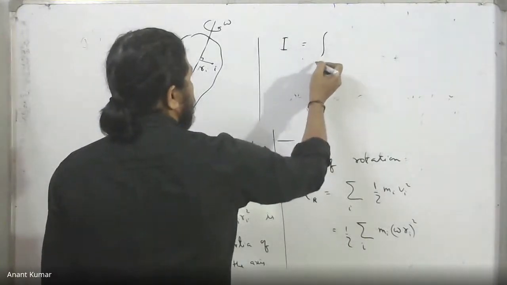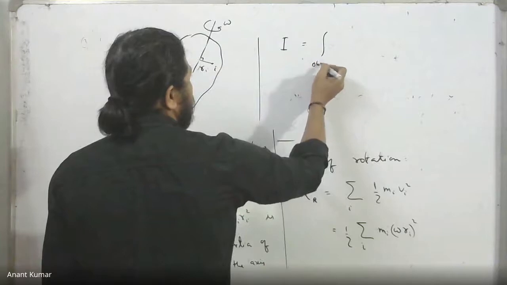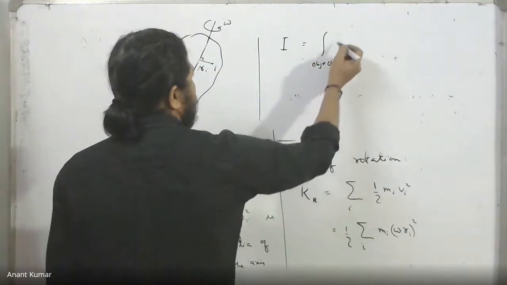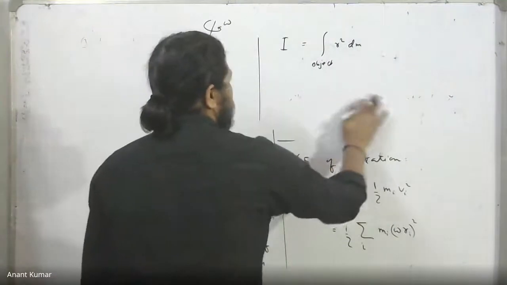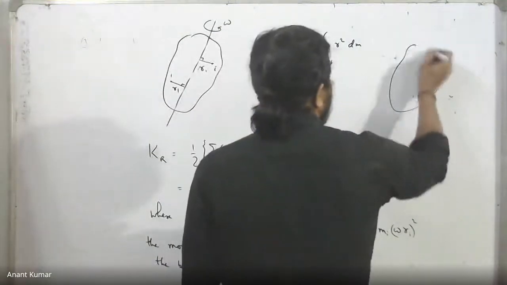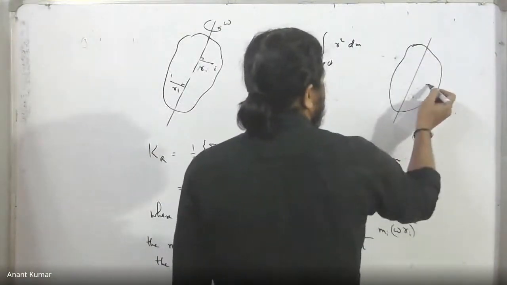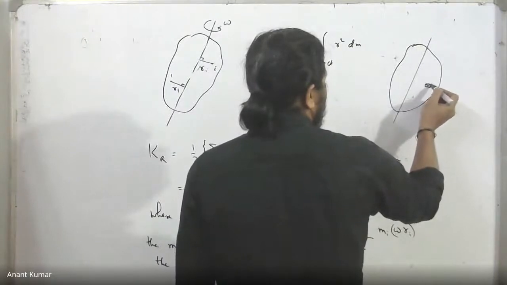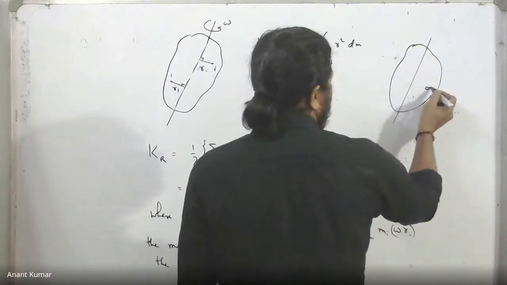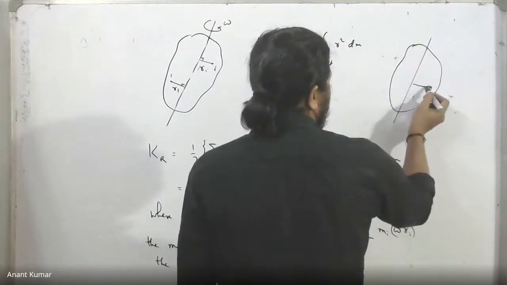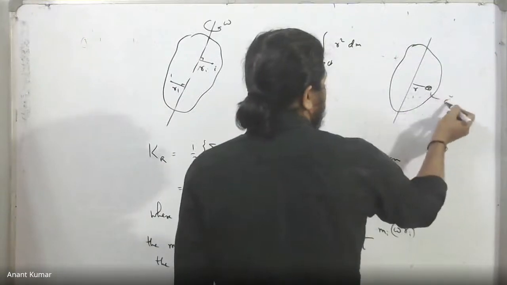It has to be written down over the entire object. Summation of r square into dm. In this case, what I'm assuming is that we have some object, this tiny volume that we have over there, this elementary mass I consider a tiny mass. Distance is r. This one is dm.